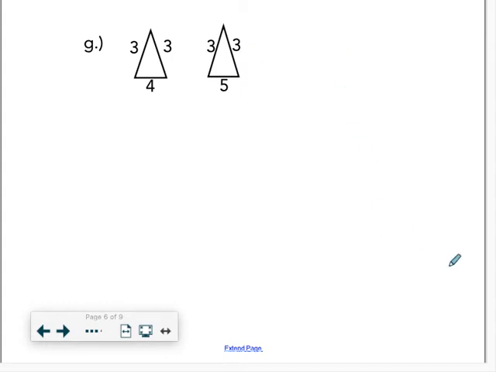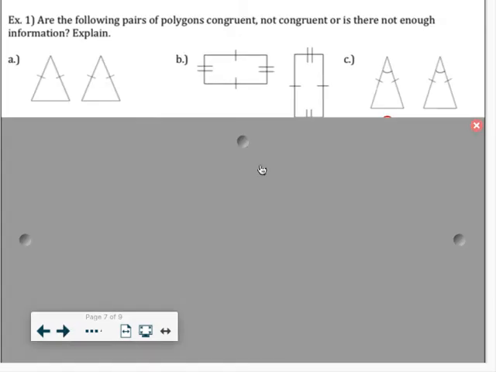Take a couple minutes and try A through G. I want you to write congruent, not congruent, or NEI, and explain. Based on all the tick marks and the shortcuts we just had, decide if you have enough information to say.